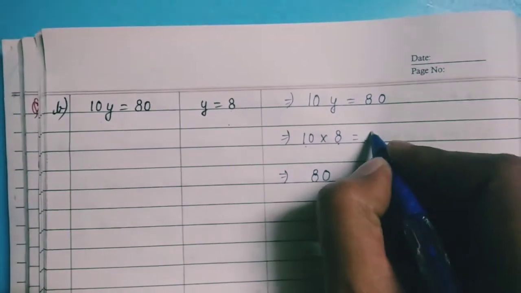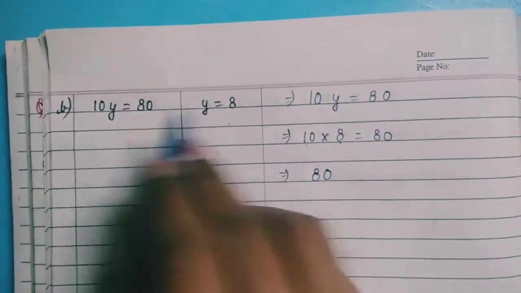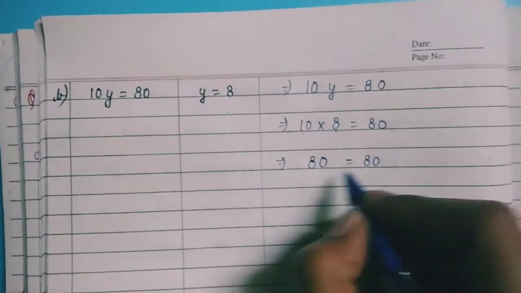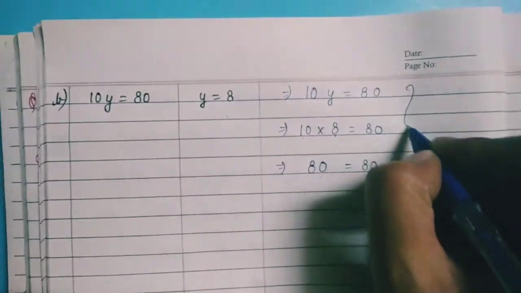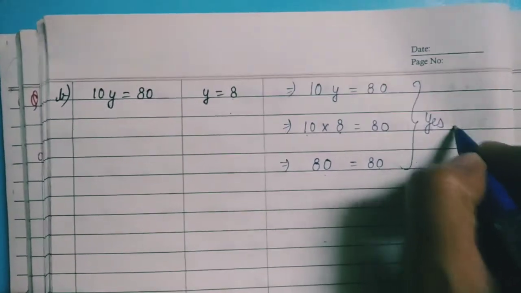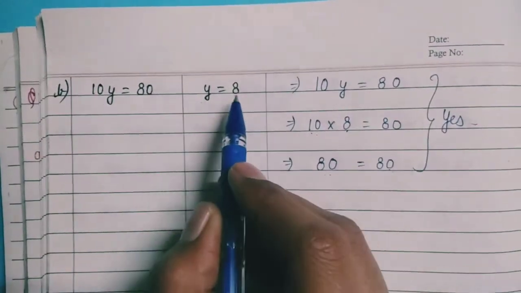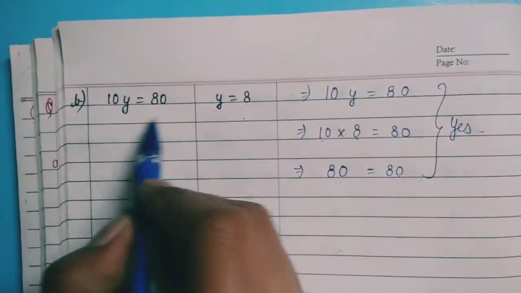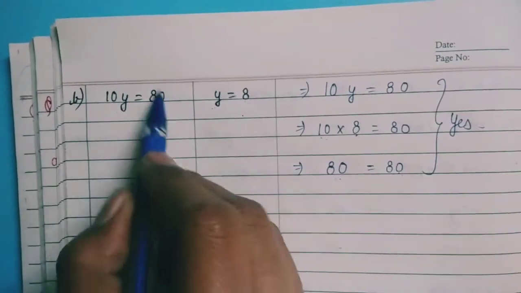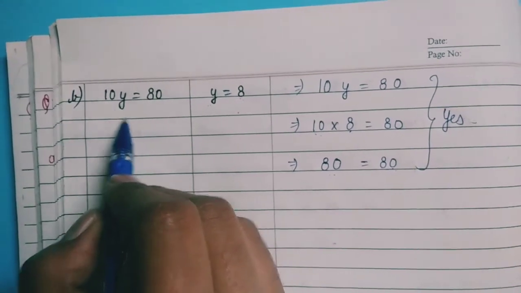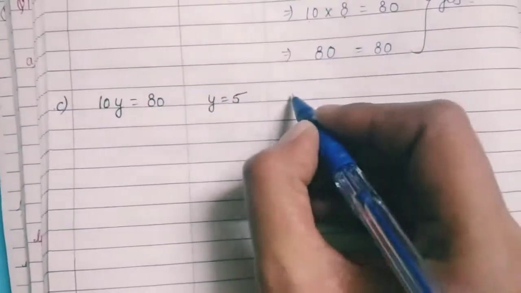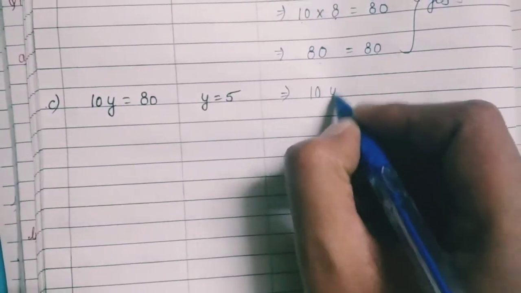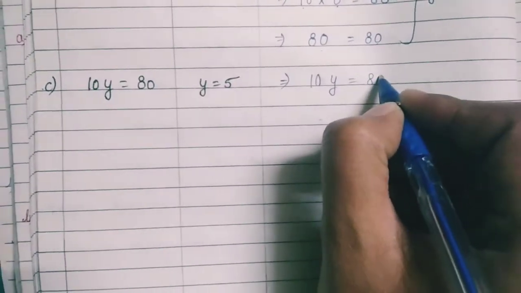And already the equation is given, the right hand side has 80. Both sides have 80. It means the equation is satisfying for y is equal to 8. When y value is 8, at that time this equation is satisfying.